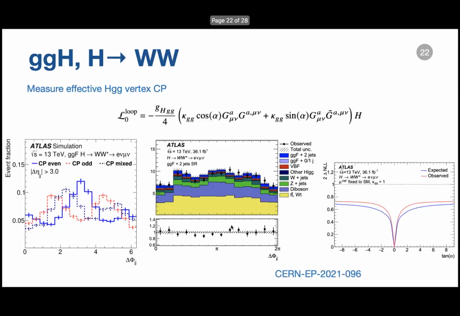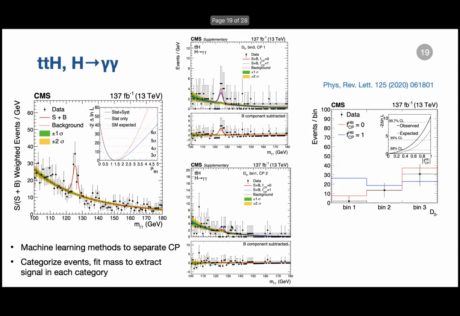So for example, in the Higgs to gamma gamma TTH analysis, we don't really have a lot of events in each category, as you see, and we extract the number through this fit. But in principle, you can use a very limited number of bins to perform a very good analysis. And here you see that D0 minus only has 3 bins, and you could already do quite a good analysis.